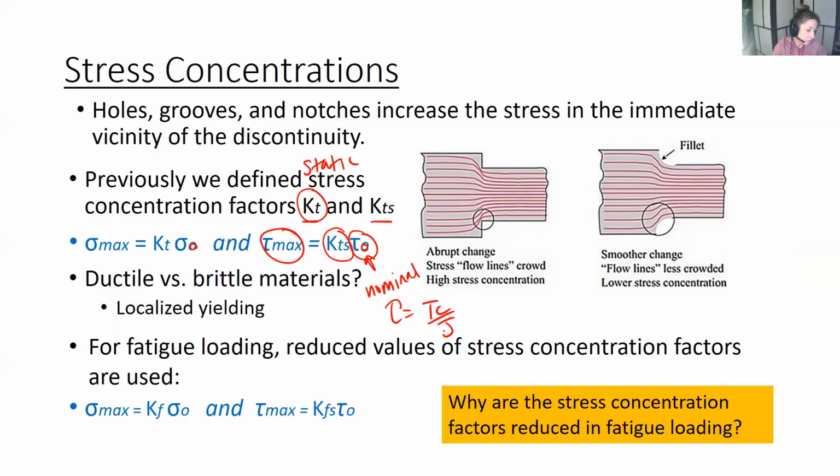Okay, so with ductile versus brittle materials, there's a difference in how they behave. So ductile materials have localized yielding at the presence of a discontinuity. So if the material had a hole, and this were ductile, the stress will concentrate around this hole, but you'll also get some localized yielding and strain hardening, which serves to strengthen the part at that hole, that discontinuity.